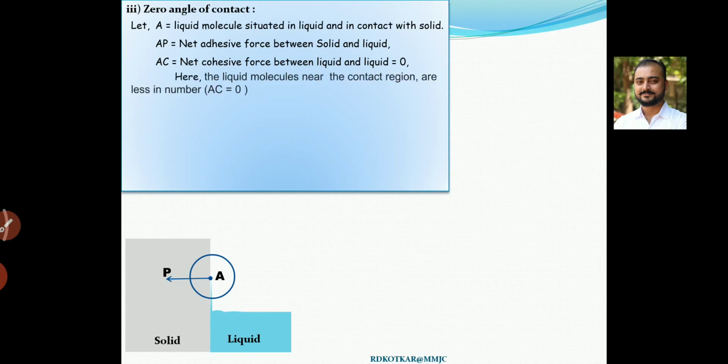Then we can say here, the liquid molecules near the contact region are less in number. Means the point where the liquid and solid are in contact, we see that the number of liquid molecules in contact with the solid is very less, approximately equal to 0.